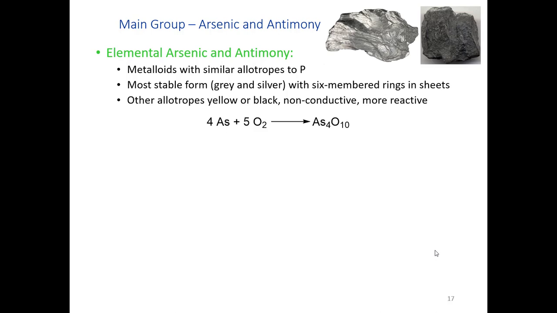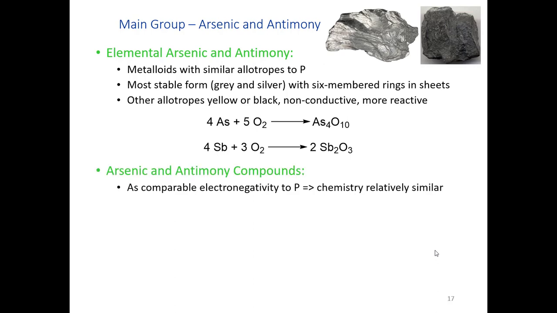Arsenic and antimony are both more reducing than phosphorus, so they can react with oxygen to form various oxides. Of note is that both of these redox reactions occur more readily with the yellow and black allotropes. When looking at compounds of arsenic and antimony, arsenic often behaves very similarly to phosphorus due to their similar electronegativities.